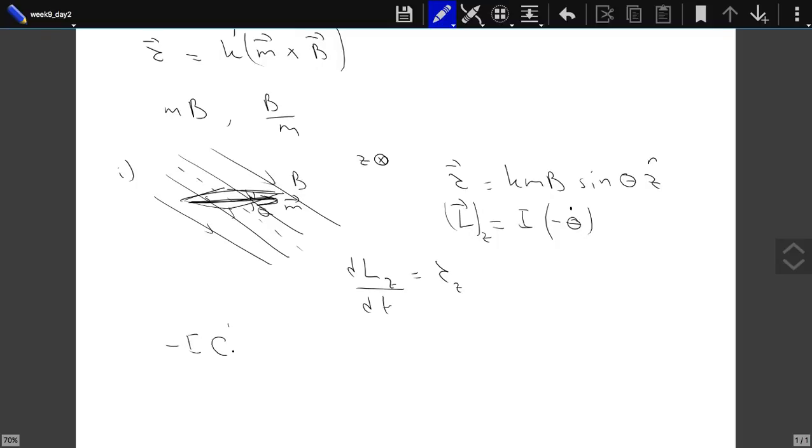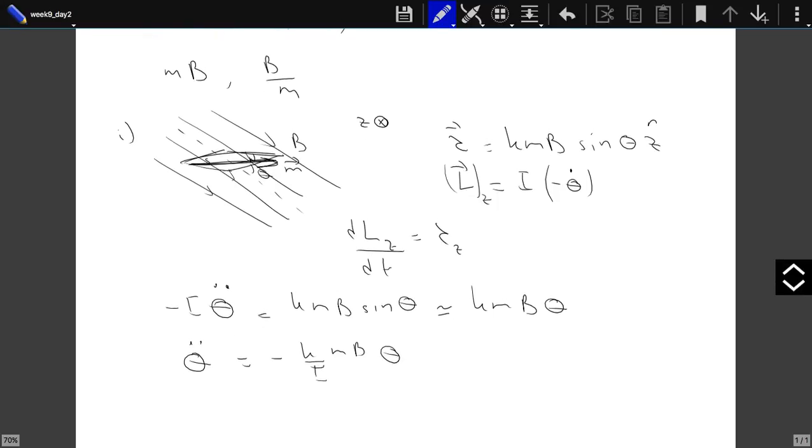So minus I theta double dot is equal to K mb times sine theta. For small theta, this is approximately K mb times theta. Or theta double dot should be equal to minus K mb over I theta.